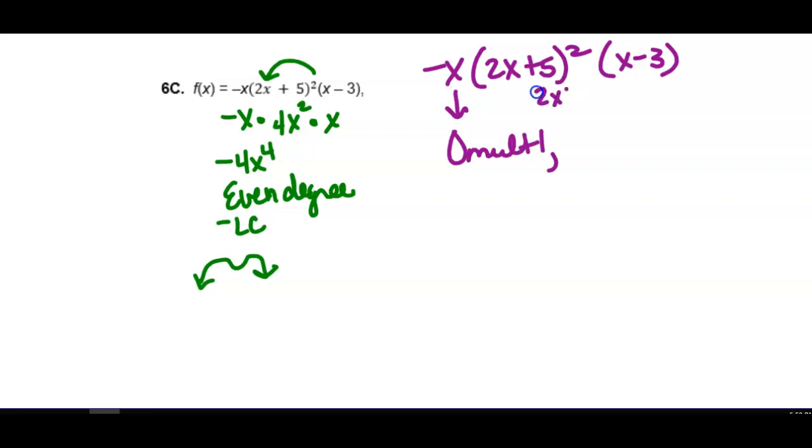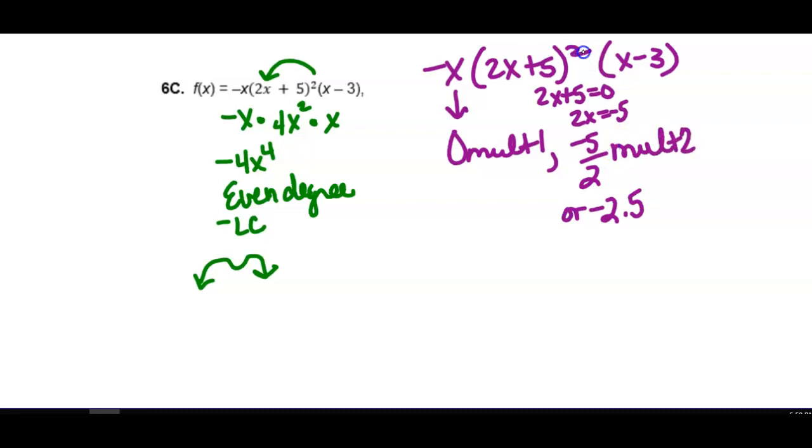If we set this equal to 0, we get negative 5/2 as a 0, or negative 2.5, and that's multiplicity 2, up here, the 2, and even multiplicity means it bounces at that. You can say is tangent to the x-axis. I'm just using words that help me remember what's happening. And then there's a 0 here at 3, and that one's multiplicity 1 again.